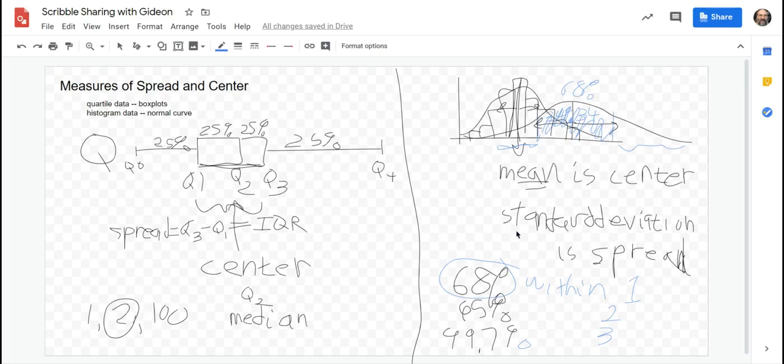That's all we mean by spread and center, right? It's the median, and then the interquartile range is the size of the box. The median is the line in between the boxes. The median, that's the center. The spread is the size of the box, Q3 minus Q1. Here we have the mean as the center, and the standard deviation is the spread.